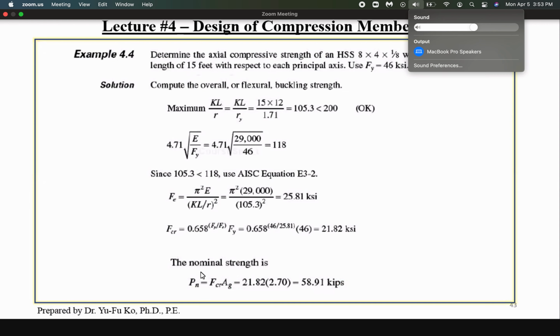So the nominal strength of this column for global buckling, Pn, is the critical stress you calculated times the gross sectional area, which is 2.70. And this number you also need to check from part 1 of your manual. So with this considered, you got 58.91 kips. So this is the nominal buckling strength for this column, global buckling.